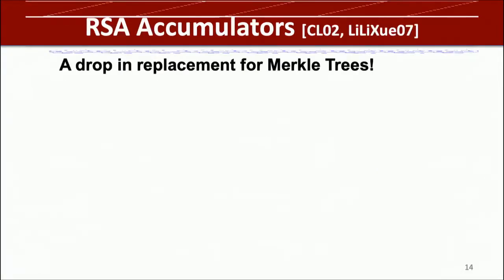In our construction, we're going to use RSA accumulators, which have been around since the early 2000s. You can view them as a drop-in replacement for Merkle trees if the Merkle tree is used as an accumulator. We'll talk about another use of Merkle trees a little bit later.